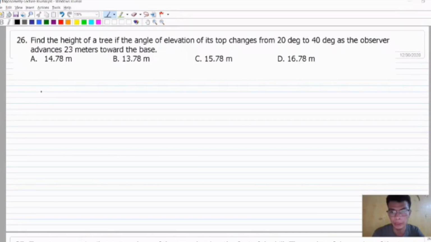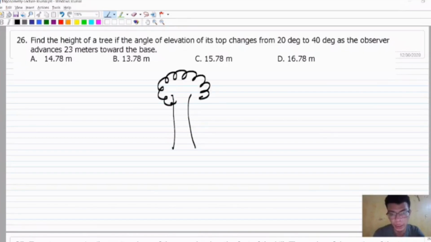Find the height of the tree if the angle of elevation of its top. Sabihin na lang siguro natin na nandito ang tree. And magbabago daw kasi yung angle of elevation kasi magbabago yung position ng observer. So originally, observer is here and this is the angle of elevation ng tuktok ng puno.